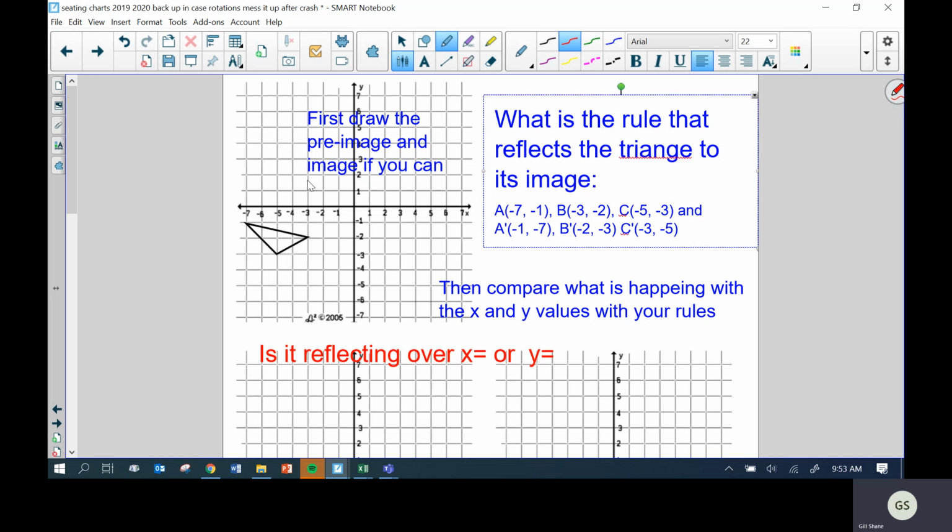This is not that bad. I'm going to show you how to do it right now. This was my original point A. This is my pre-image point A up there, and that's my image. What did they do to the X and the Y?